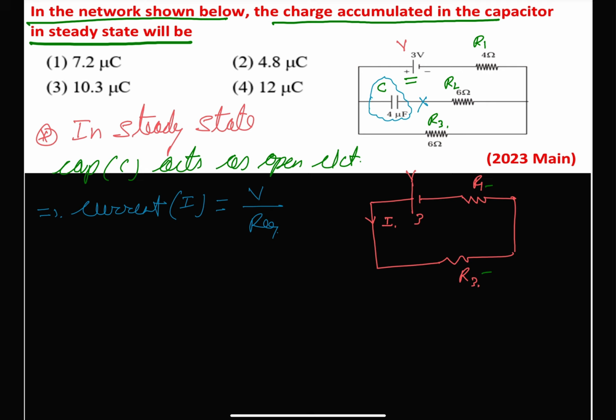So this will be V upon R1 plus R3. V is 3, R1 is given as 4, and R3 is given as 6. So this comes as 6 plus 4, which gives us that the current I will be equal to 3 by 10 amperes.